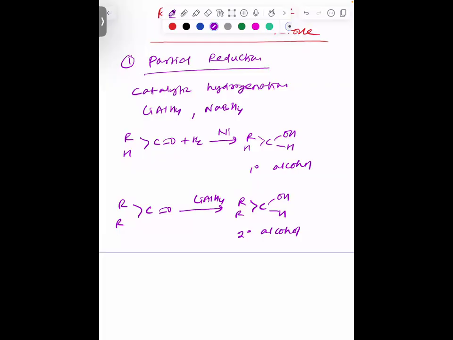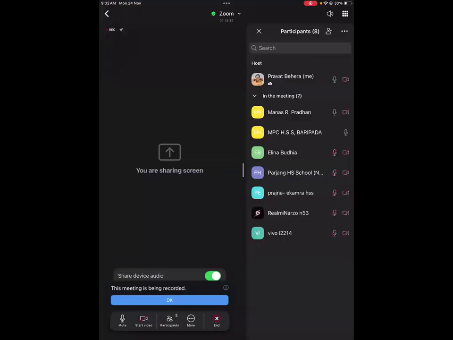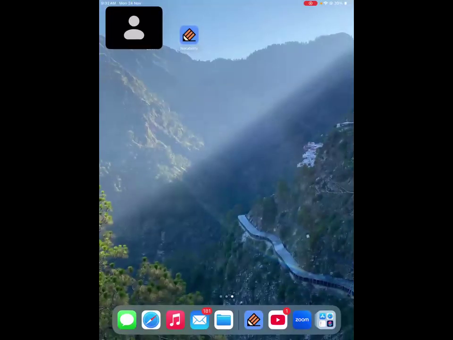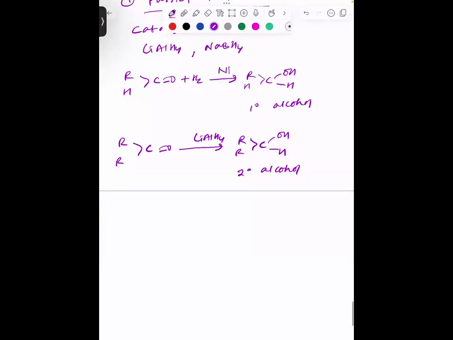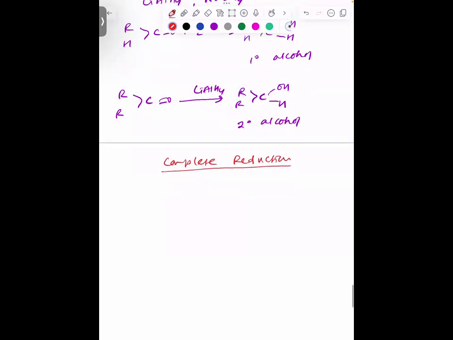Then we will see complete reduction. Under complete reduction, we'll discuss first the Clemmensen reduction.